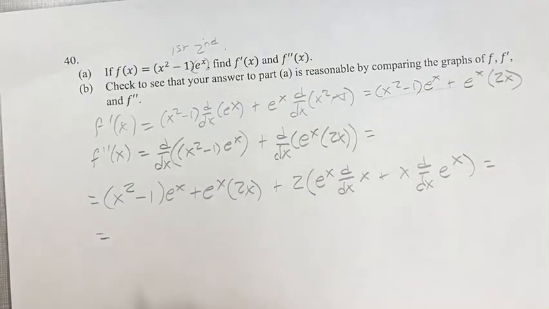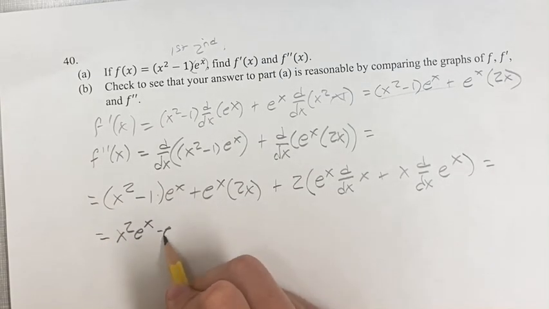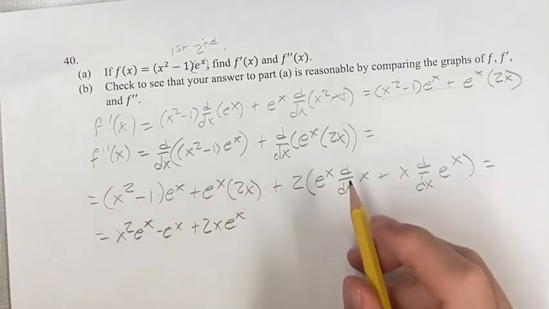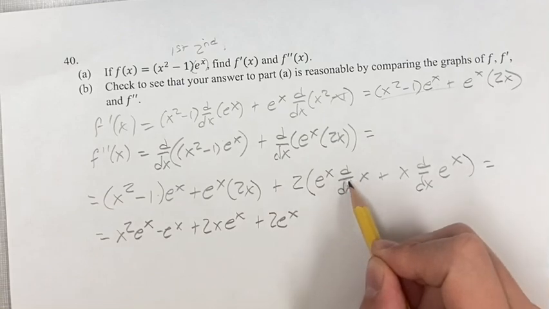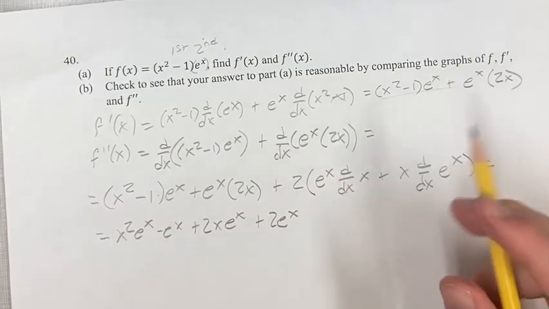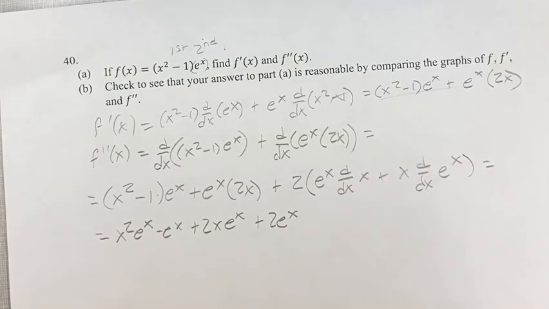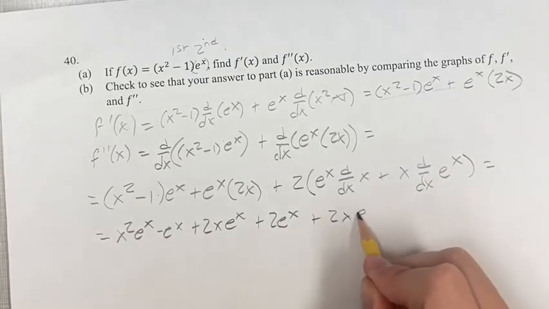Now we can start to simplify this. We get x squared e to the x minus e to the x plus 2x e to the x plus 2 e to the x times the derivative of x, which is just 1, so 2 e to the x, plus 2x, the derivative of e to the x is just e to the x.